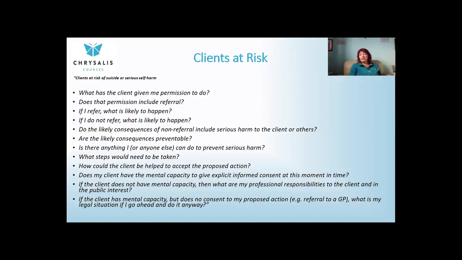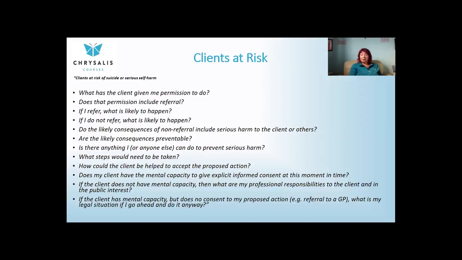But what if somebody comes and they're not suicidal at the beginning of therapy, and they give you that permission, but then later on in therapy they do become suicidal? And when you say you're going to contact their GP or their partner, they decide they don't want you to.